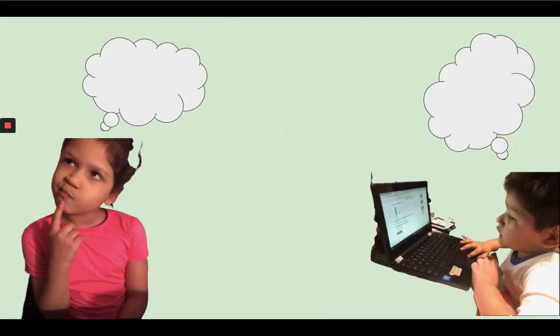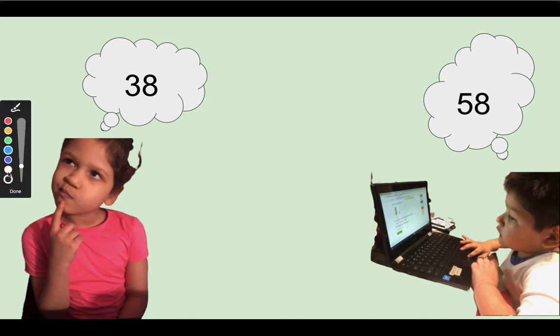So if we recap, Amelia, her number had 3 groups of 10 and 8 ones. Her number was 38. Sebastian's number was 2 more groups of 10. His number was 58. If we look at the numbers in the tens place, Amelia's number was 3, Sebastian's number was 5. You can see that 5 is 2 more than 3.